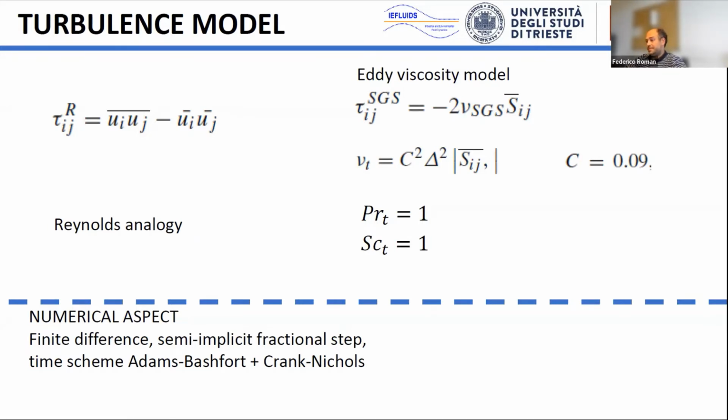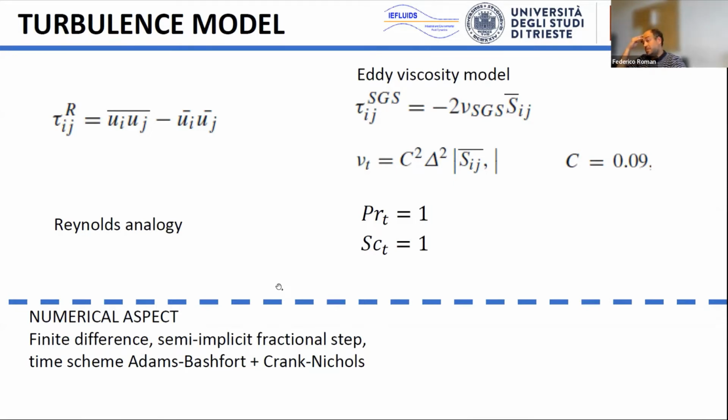Just some information about the numerical aspects of the code. It is a finite difference code with a semi-implicit fractional step. So we use an Adams-Bashforth scheme for the explicit term and Crank-Nicolson for the implicit viscous diagonal term.